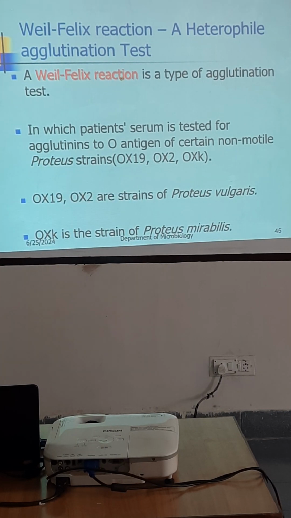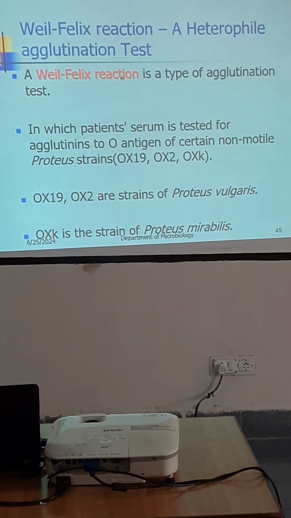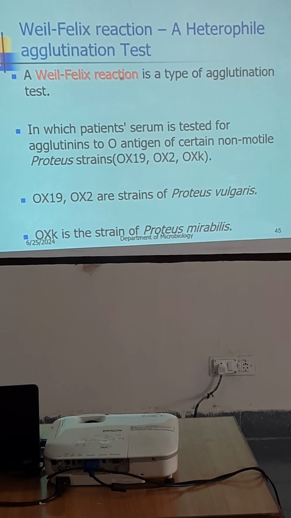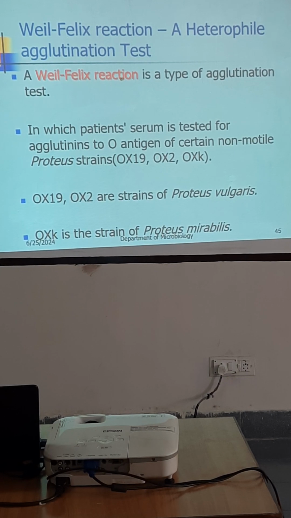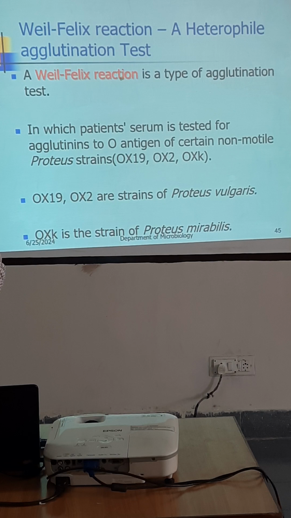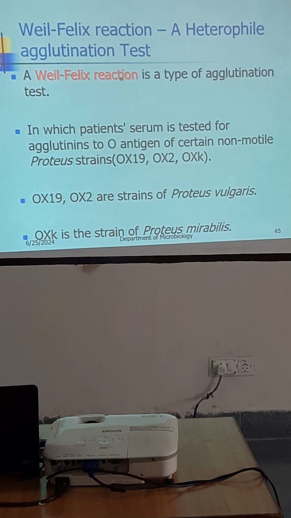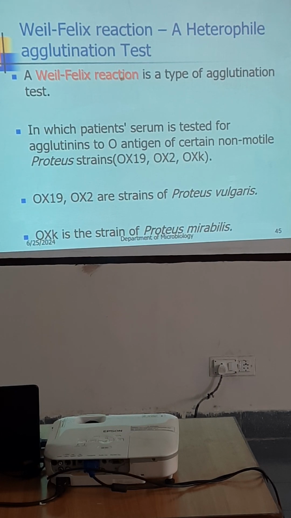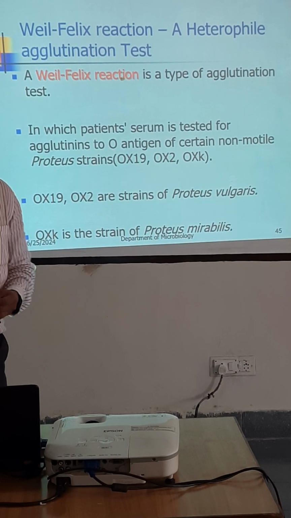These strains of Proteus share similarity with the antigens of rickettsia. We cannot cultivate rickettsia in the lab, so for the identification of rickettsial fever, the heterophile antigens are utilized, and the test employed here is called the heterophile agglutination test.